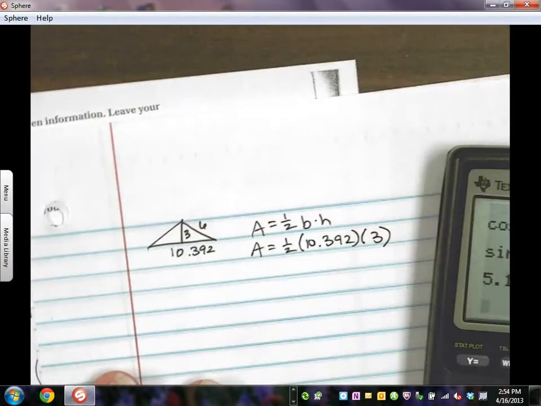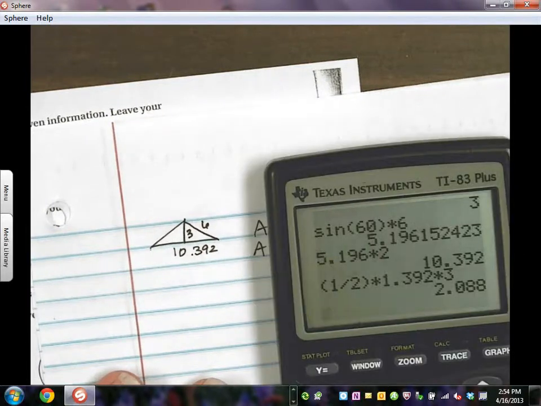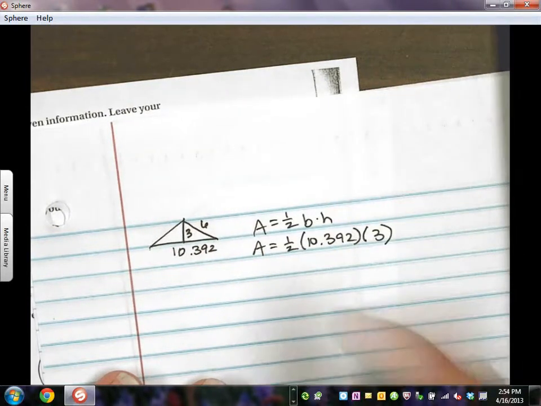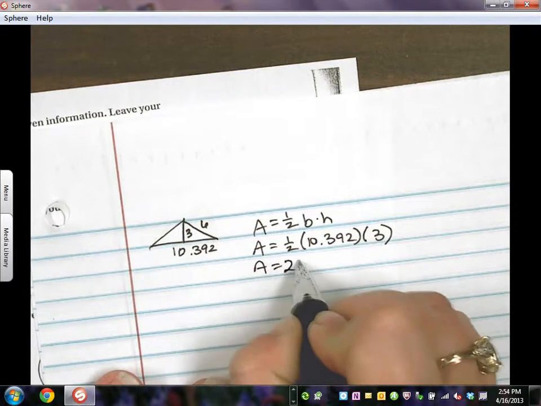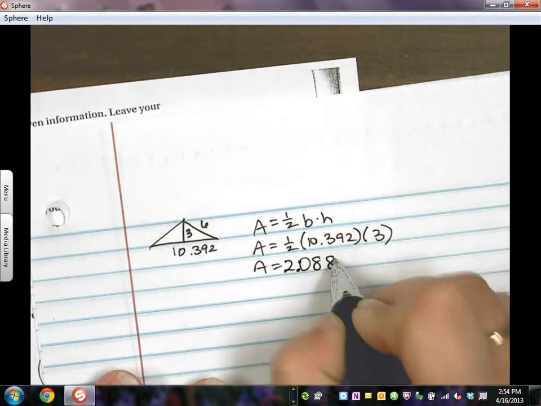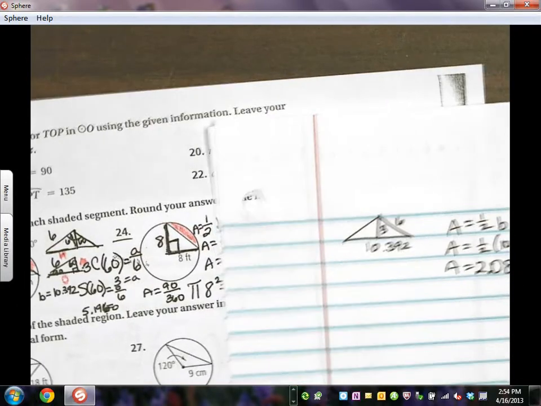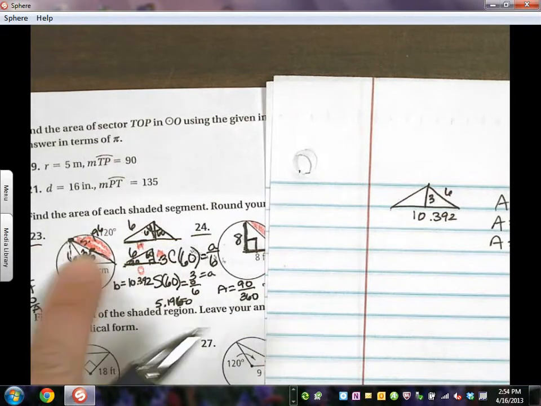So let's put that in our calculator. And that's what we get, 2.088. And what are my units here? Centimeters squared. So that's the area of this triangle.